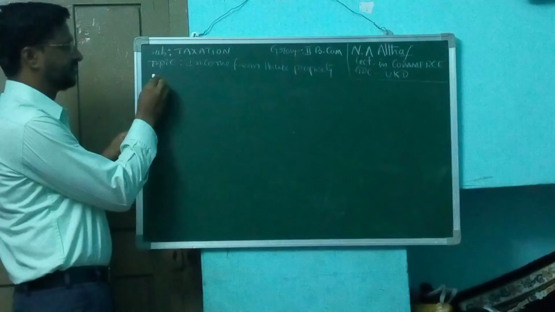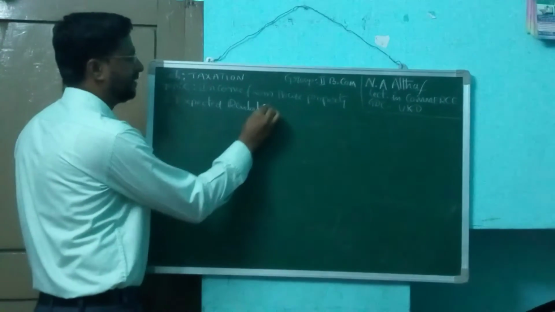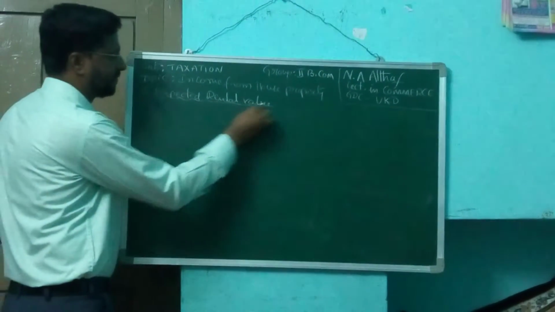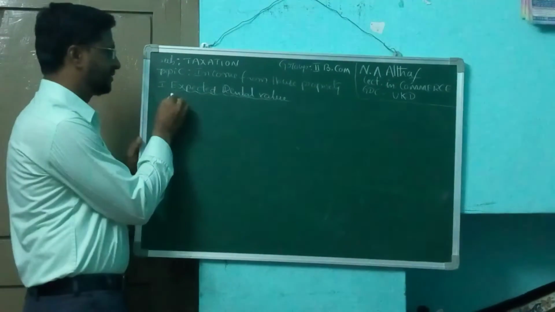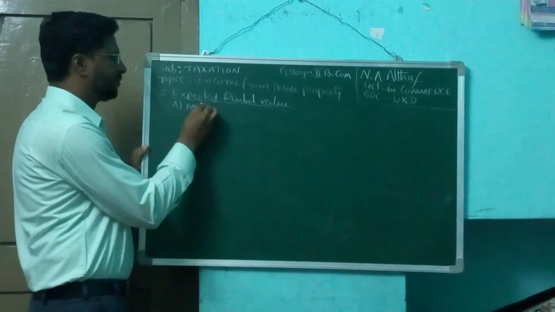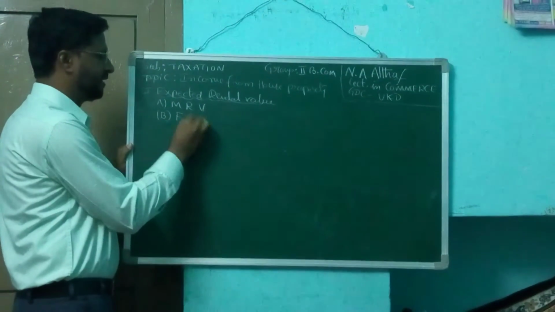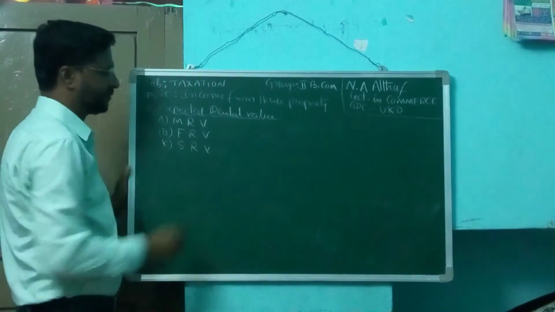The first one is expected rental value. Under this head, we already know three kinds of rents appear here. A is municipal rental value, B is fair rental value, C is standard rental value.